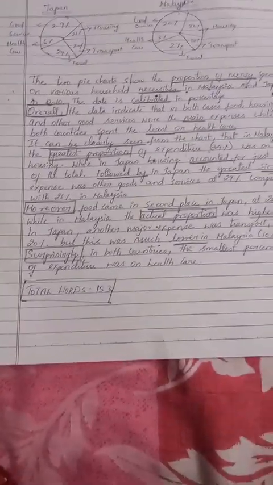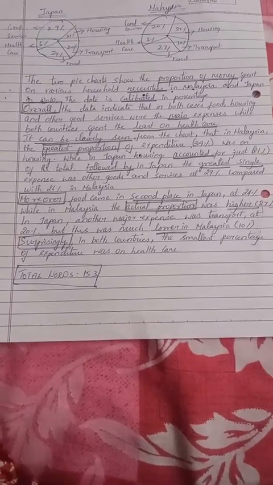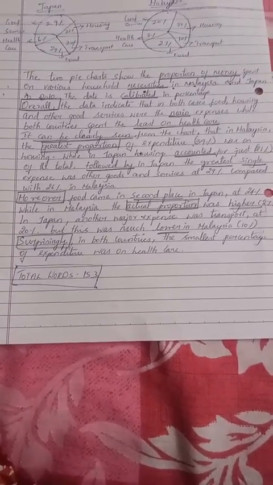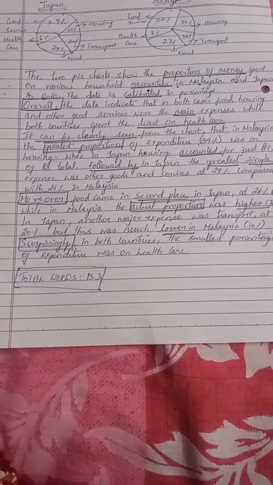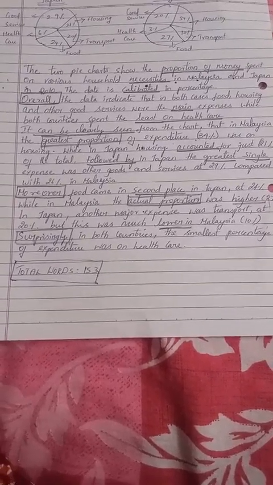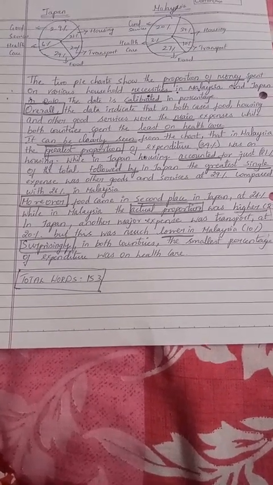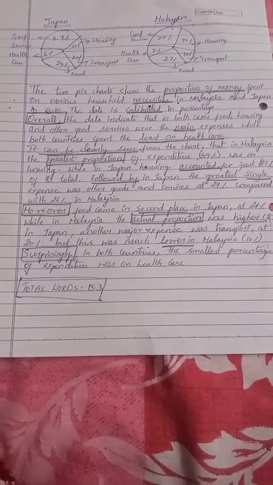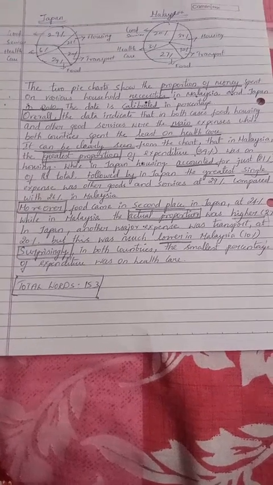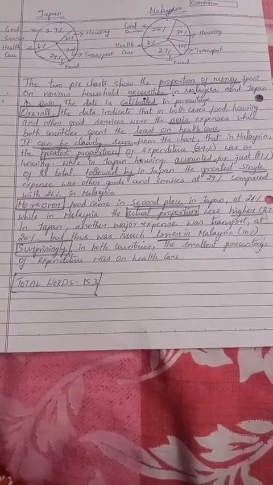And we have to start with the paragraphs. So we are starting the first paragraph with: it can be clearly seen from the chart that in Malaysia the greatest proportion of expenditure, 34%, was on housing, while in Japan we need to compare in the first paragraph.